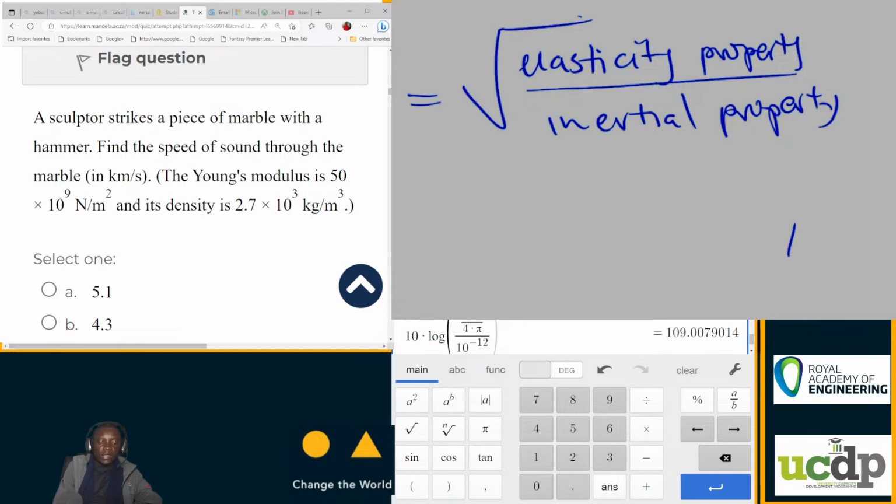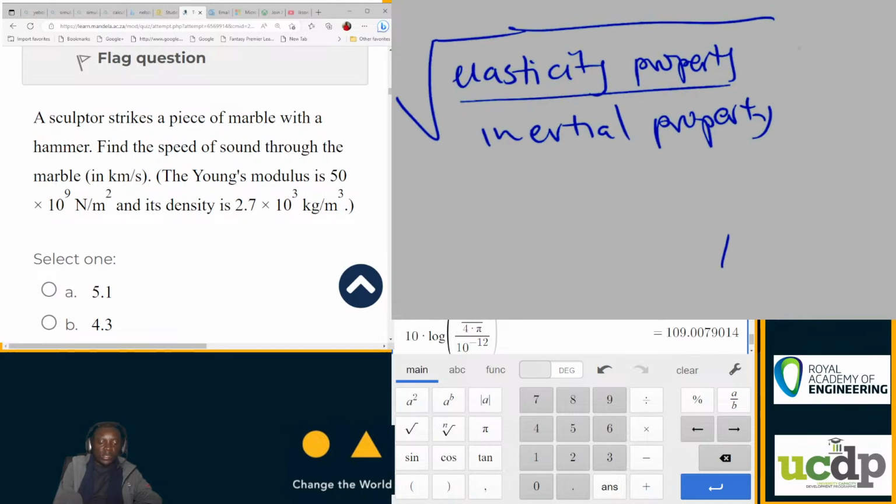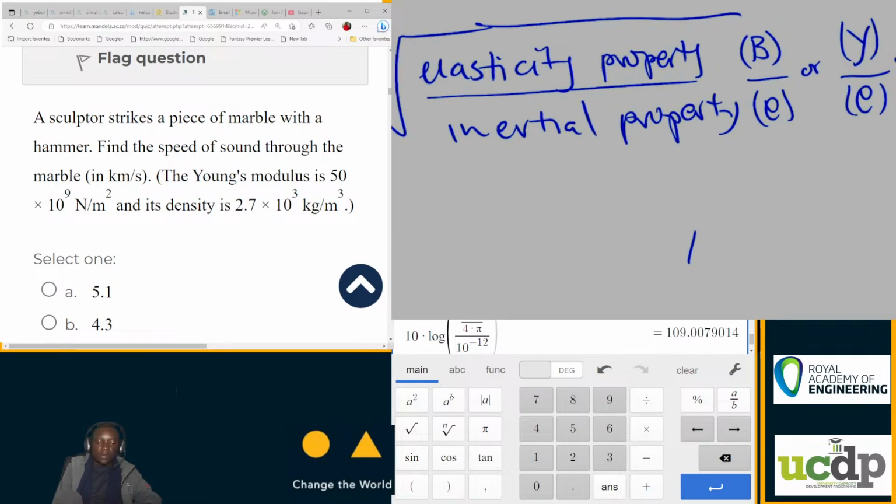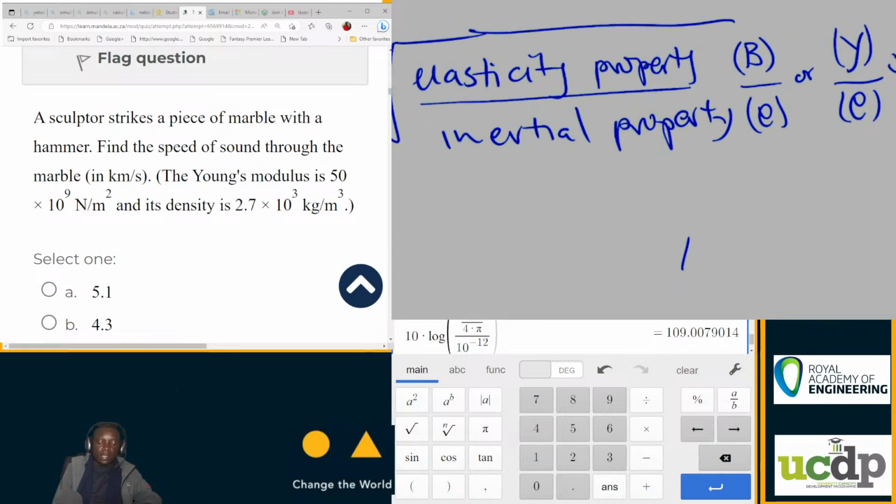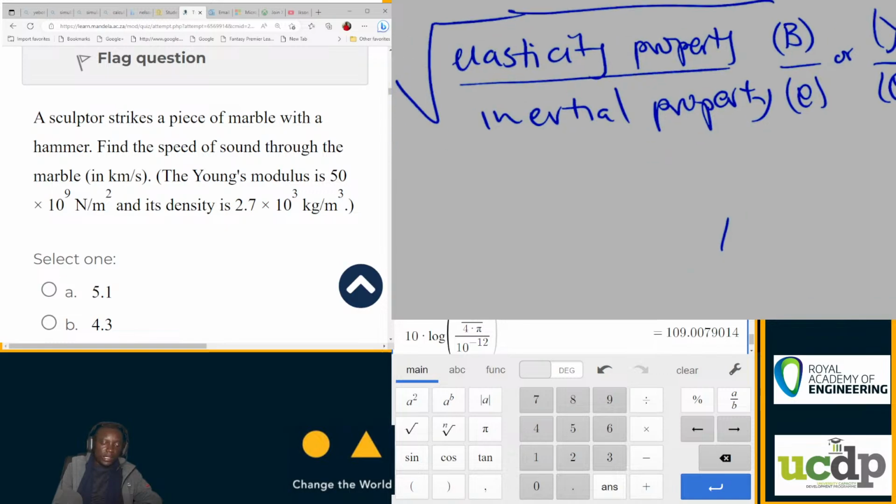So if this is in a fluid, this will be the bulk modulus B, and the inertial property will be the density. So that will be B over density, or Young modulus in solid over the density again. So in this case, we're in solids, we're using this one, Young modulus over density.